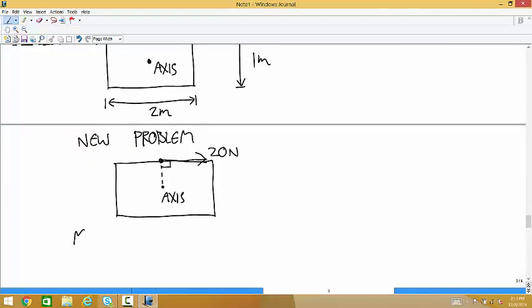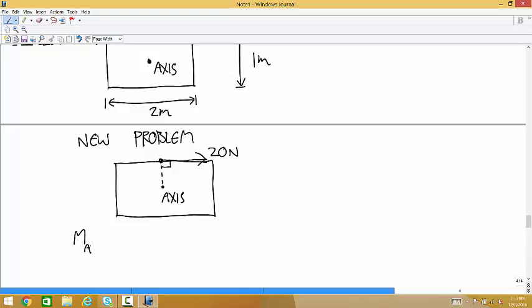And so now the absolute value of the moment about that axis is equal to 20 times what's the length of this dotted line? What's the distance from the axis to P? 0.5. And so the absolute value is 10 Newton meters.